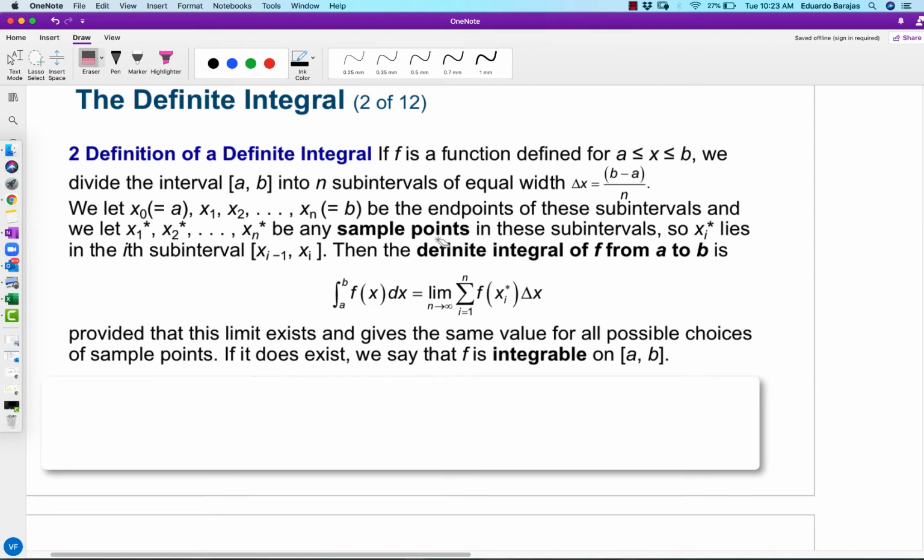It's not up to you to choose it. We're not going to solve for it. It's not like an algebra problem where we solve for x sub i star. It's a sample point. And in practice, when we're doing 6 rectangles, maybe 5 rectangles, we'll actually physically figure it out and get a calculation for the input values x sub i star.